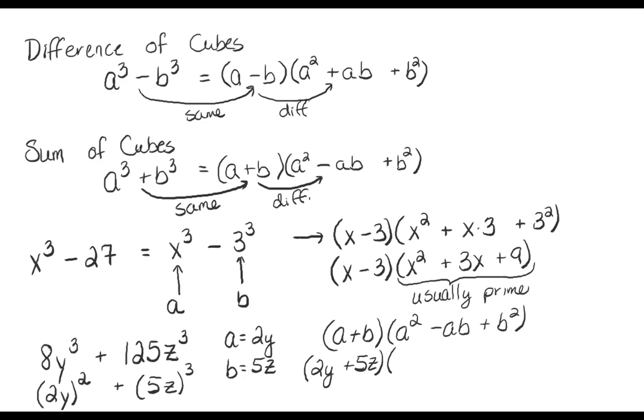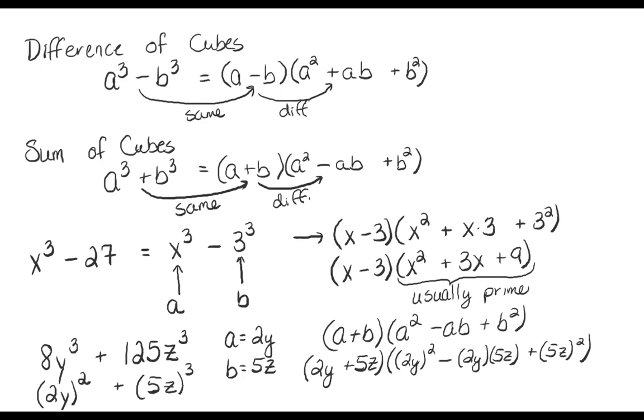Now I have to be careful. I need to square A. So I'm taking 2y and I'm squaring it. And then I'm subtracting A times B, 2y times 5z. And then I'm adding B squared, 5z squared.